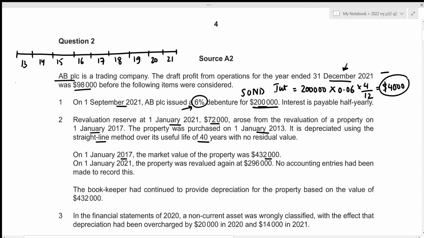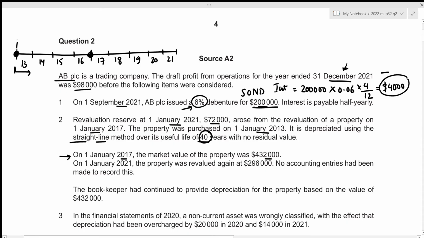And we know that we purchased this property on 1st January 2013. And the first revaluation took place on 1st January 2017, which is right here. And we're told that the basis of depreciation is straight line method, where we utilize our useful life of 40 years. So this is the useful life of 40 years starting from this date. But whenever there is revaluation, we no longer need to consider the time that has already elapsed, which means that after this revaluation on 1st January 2017, now our useful life will no longer be 40.